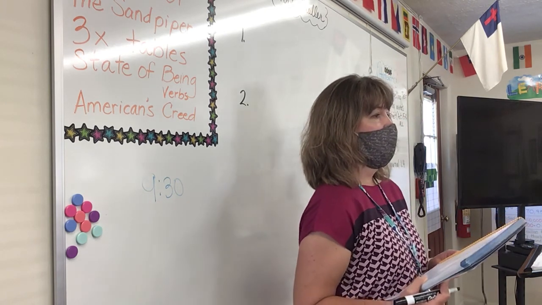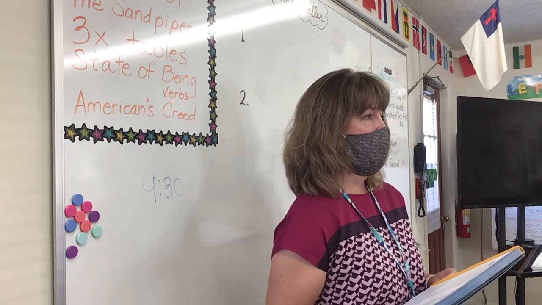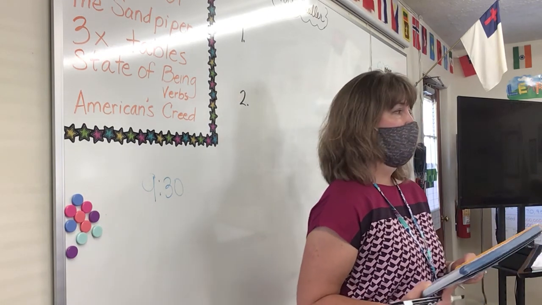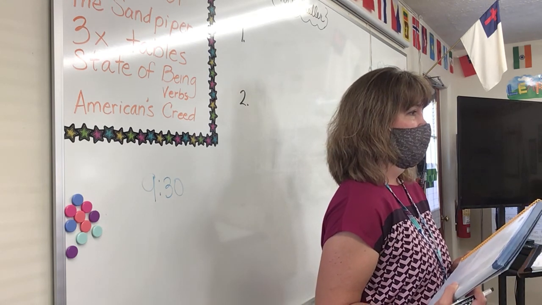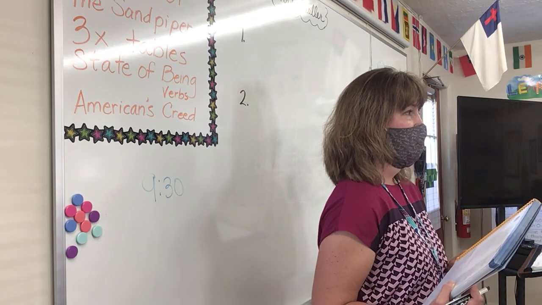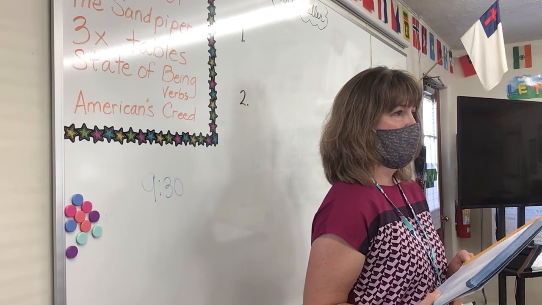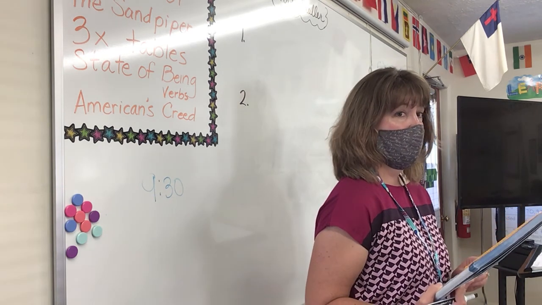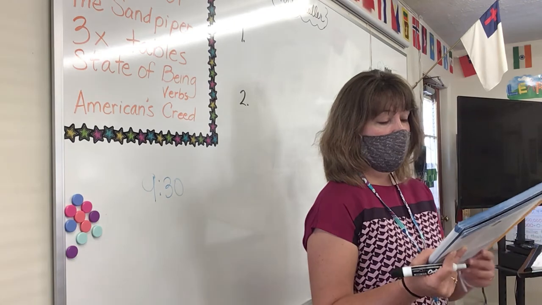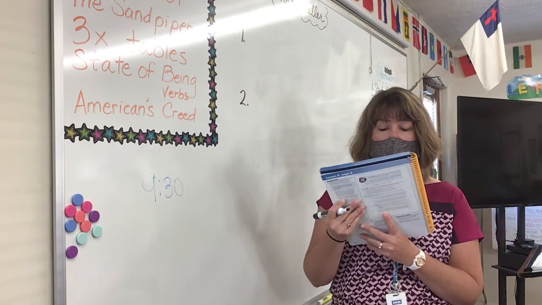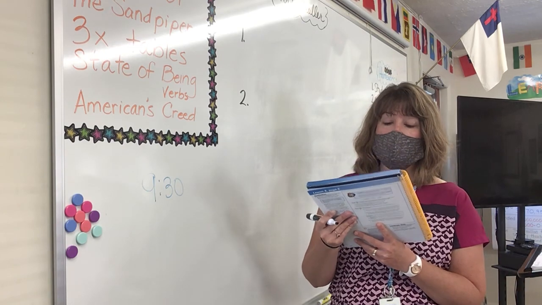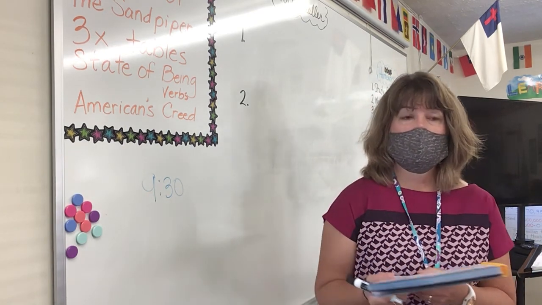Who did number 1 and wants to tell us what they wrote? Okay, Marissa, what did you write? "The air became very foggy, comma, the planes could not take off." Okay, but what's your introductory word?